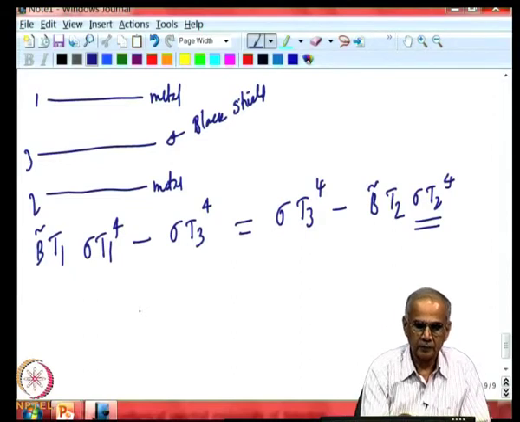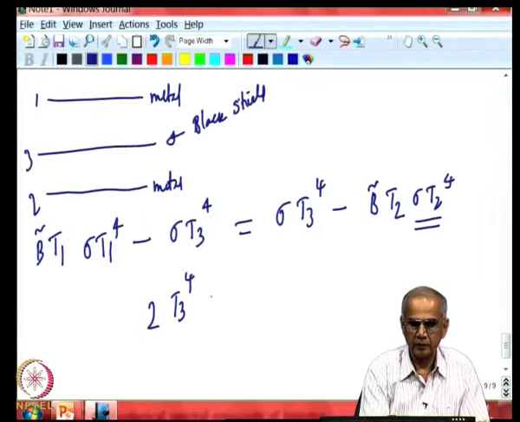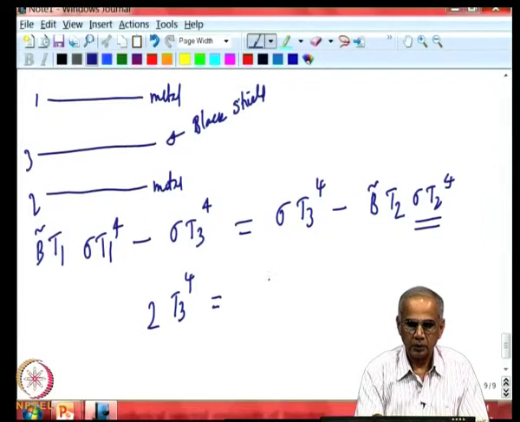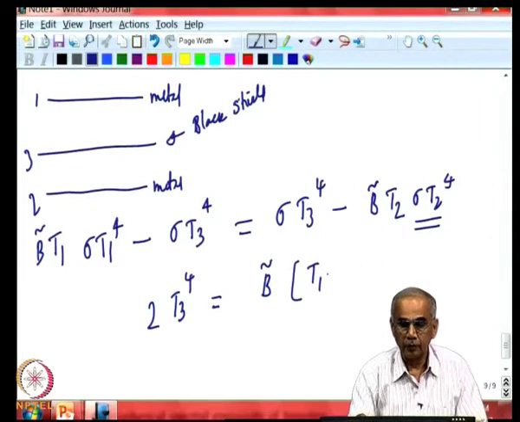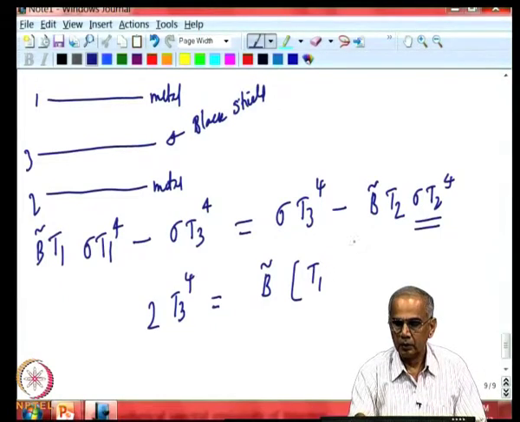So, here you can see that you have sigma cancelling out and you have T 3 to the power of 4 twice of that is equal to B delta T 1 to the power of 4.5 plus T 2 to the power of 4.5.